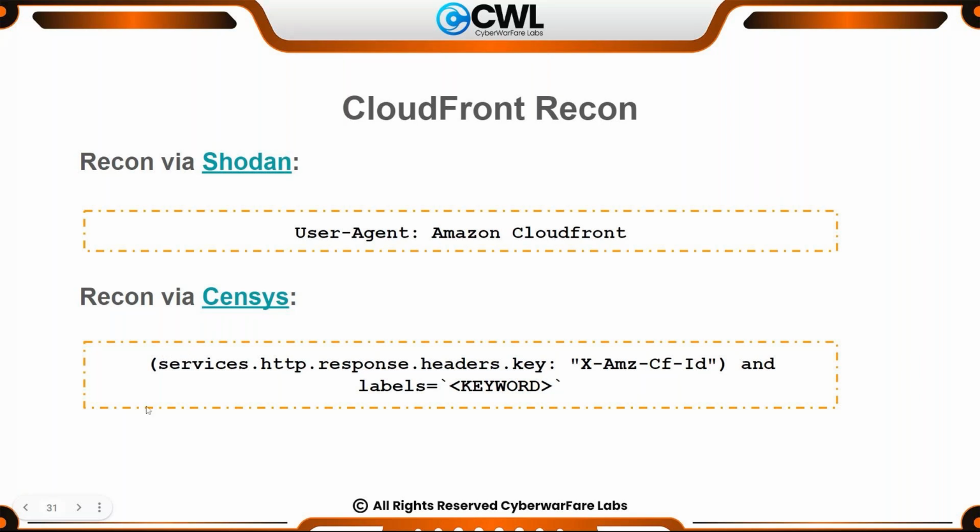Next is the Censys query, which aims to identify targets where the HTTP response contains the header key, indicating potential usage of CloudFront, and it further filters the result based on a specific keyword search. We can also search for cloudfront.net to gather more information, as this is the public URL for everyone.